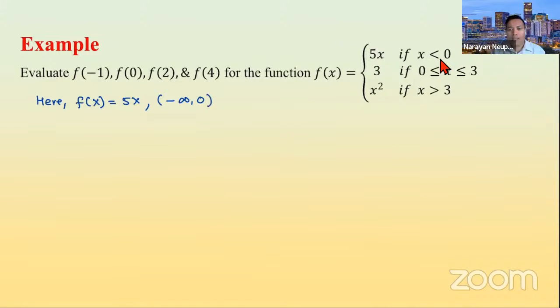This is defined for all negative values, so x values are all negative, because the function is defined from negative infinity up to 0. 0 is not included. So all numbers less than 0 are negative numbers. That is the meaning of the first piece.